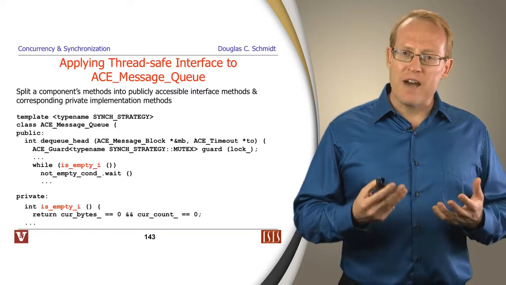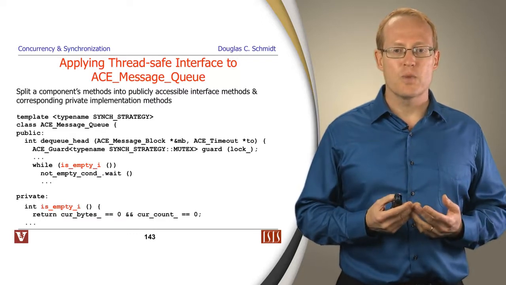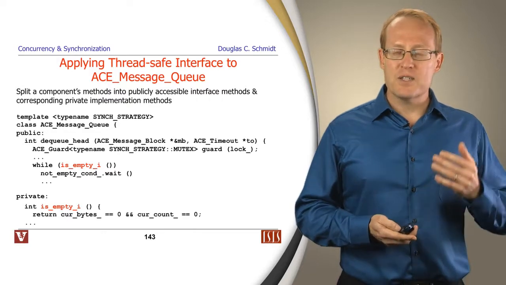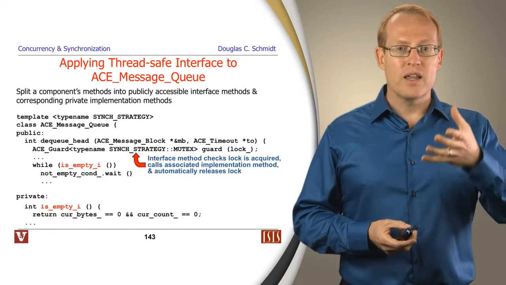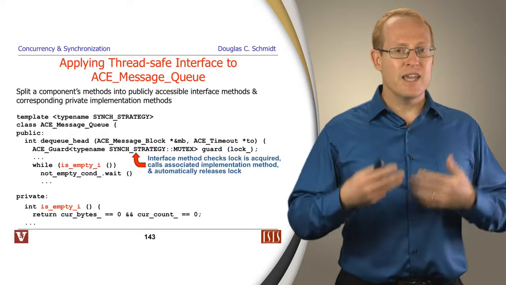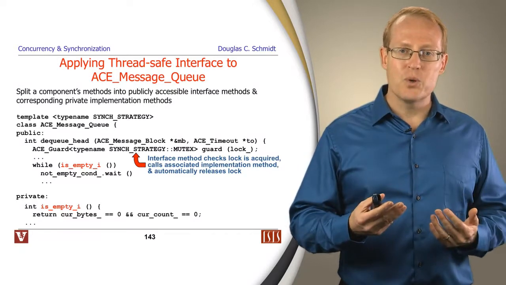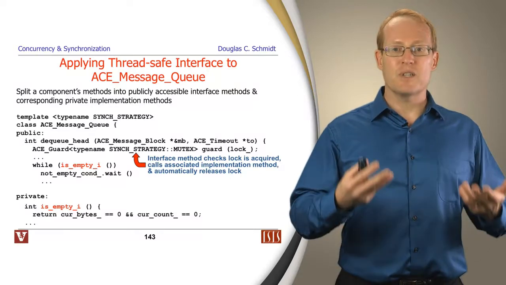Let's see how we can refactor our code to apply thread-safe interface to ACE message queue. What we can do in this case is split things up a little bit. Instead of having the DQHead method call isEmpty, which is an interface method, it acquires the lock, and then it calls down to the isEmptyI method. IsEmptyI is the implementation method.